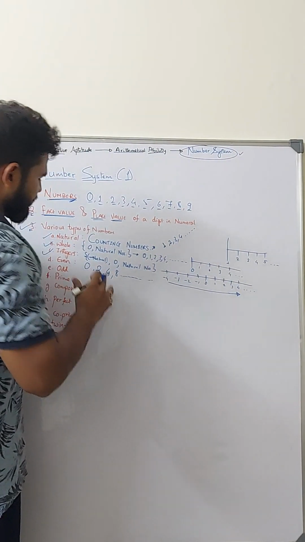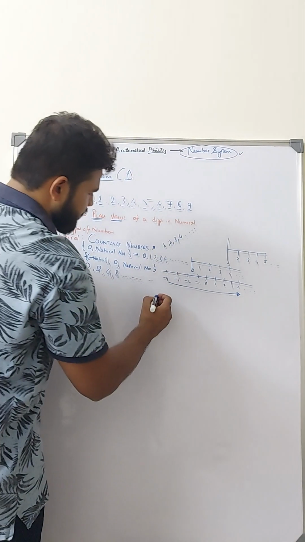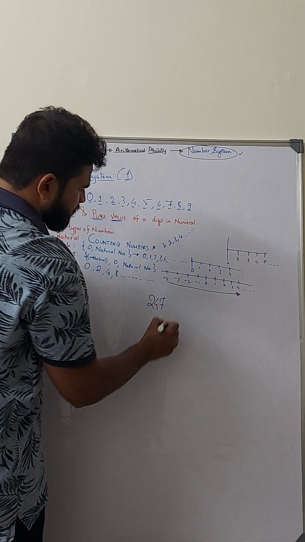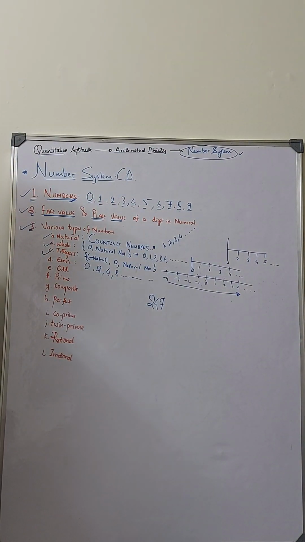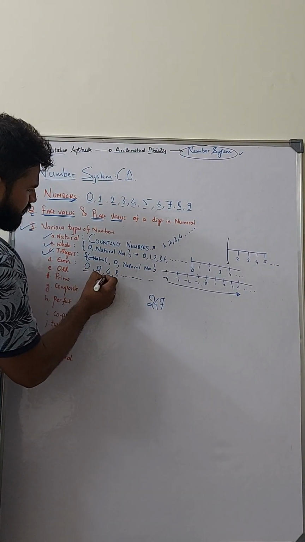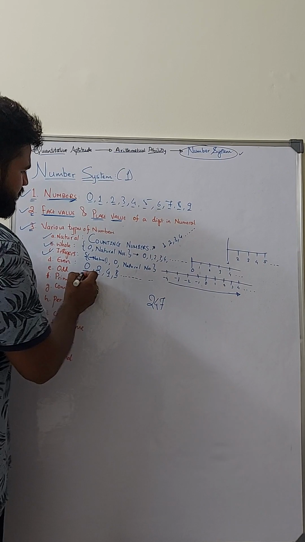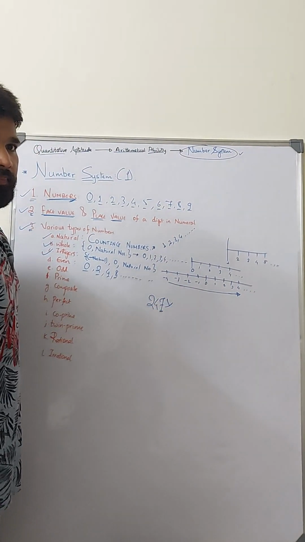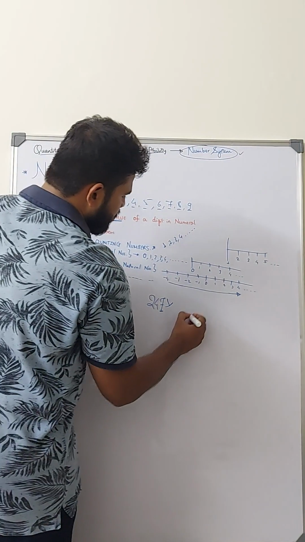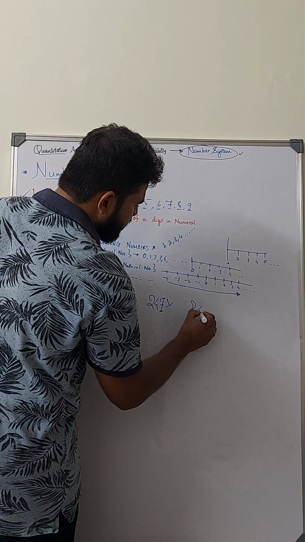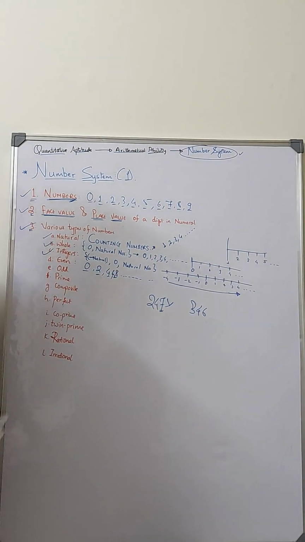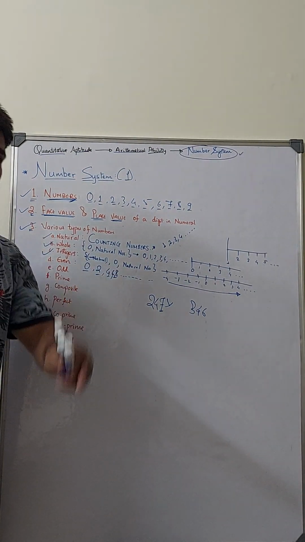For example, what is this? 247. Is it an even number? Can you see any of these digits at the end of it? No, this is not an even number. Similarly, if I give you 346, 6 will be here. Just note it, because 6 is also divisible by 2.